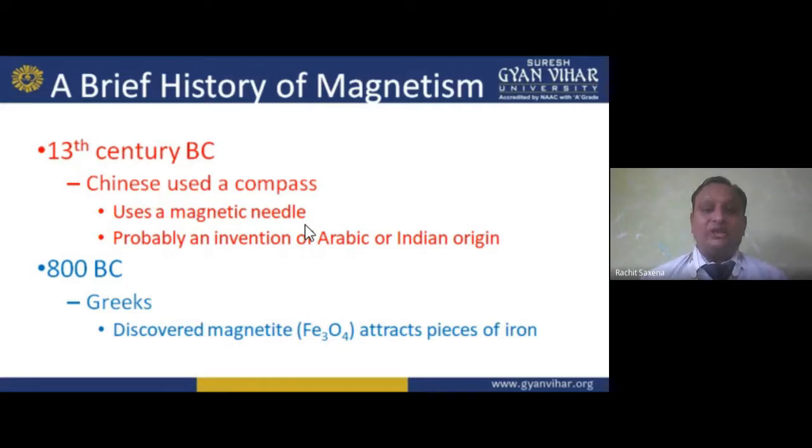So the Greeks discovered magnetite, Fe3O4, which attracts pieces of iron.